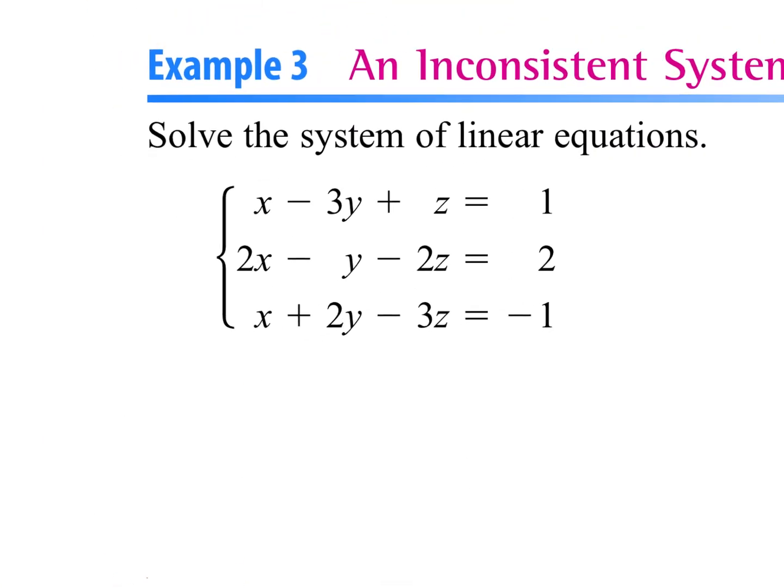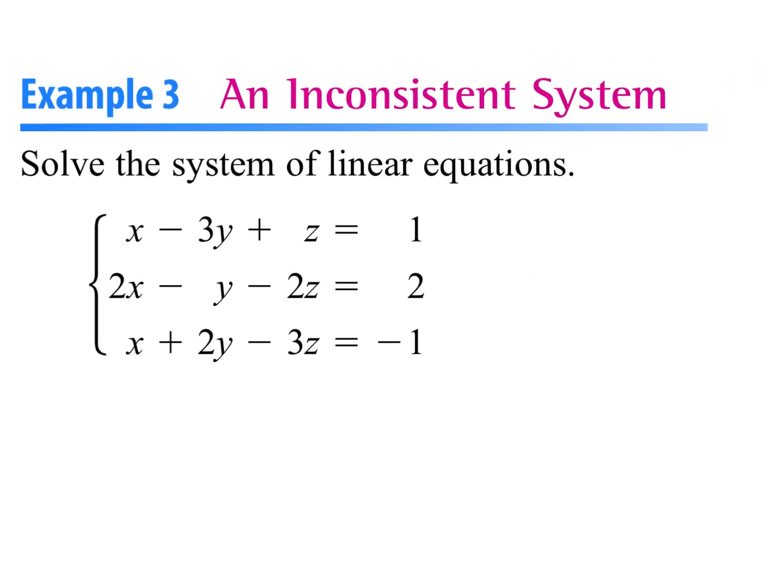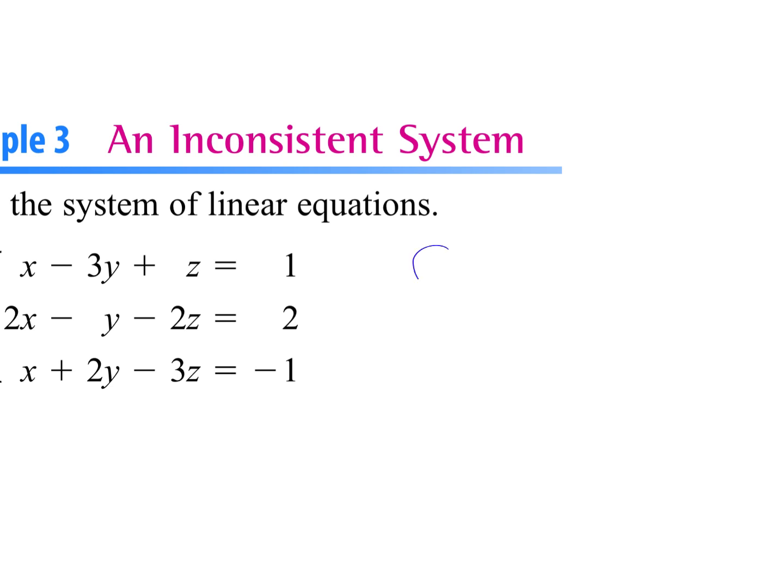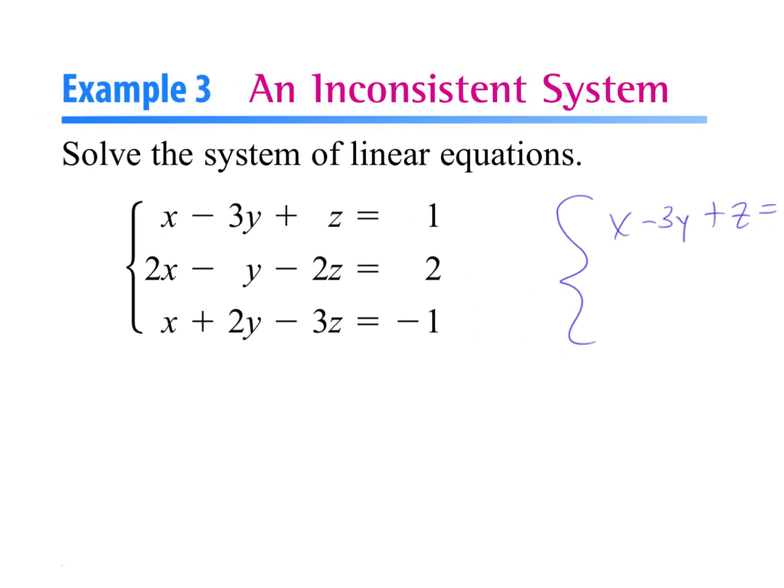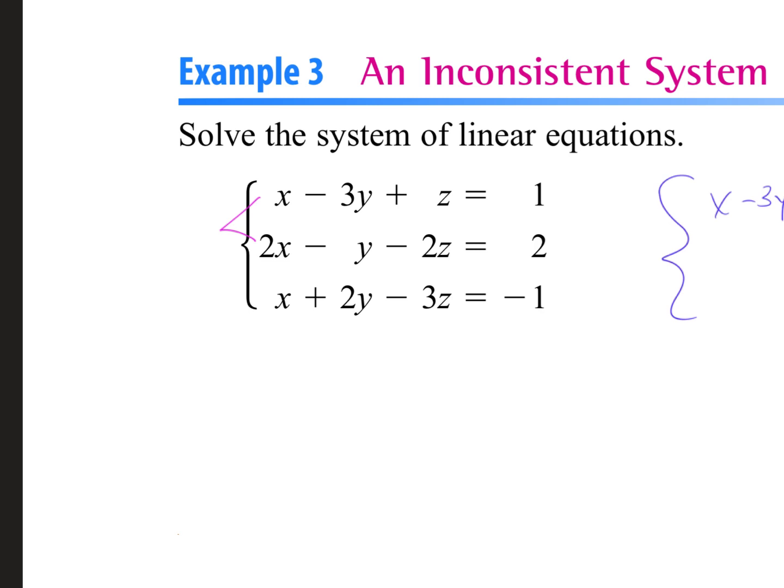Okay, same thing. This one's going to look a little different. Just want you guys to be aware. We solve it the exact same way. Does my first equation start with a positive 1x? Yes, so we don't have to move anything around. That's fine. So I have x minus 3y plus z equals 1. So take 1 and 2 again.